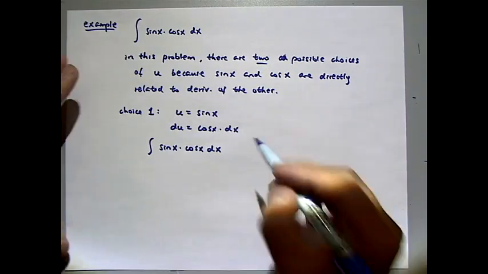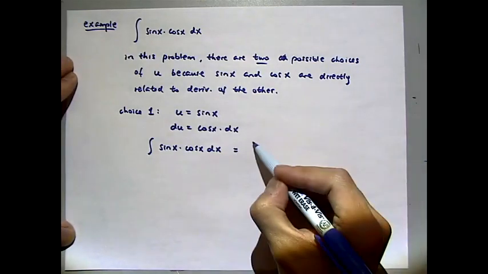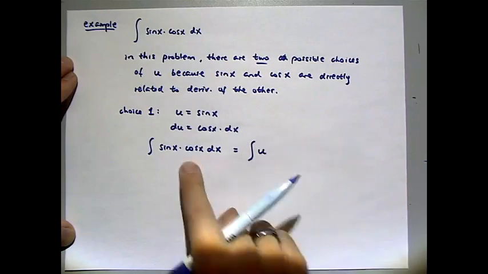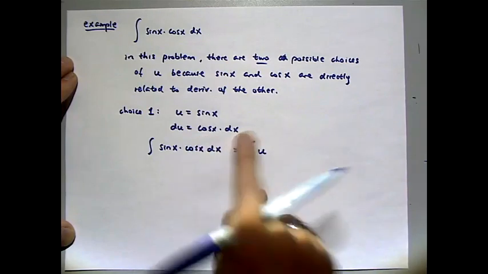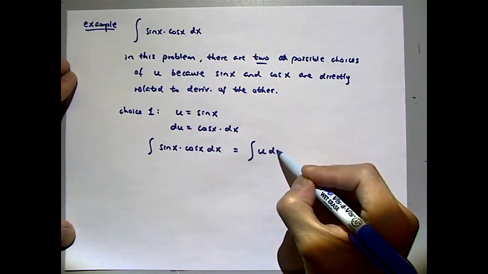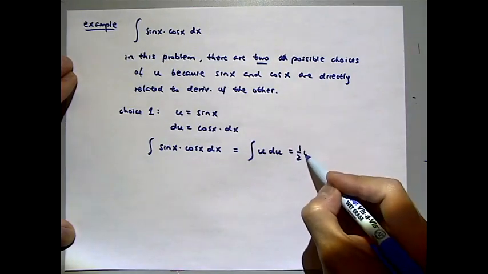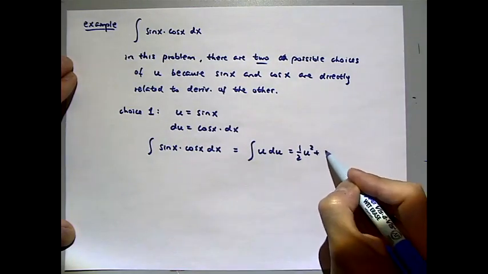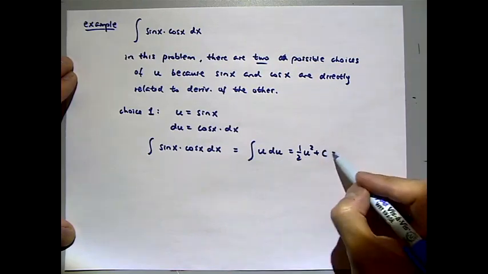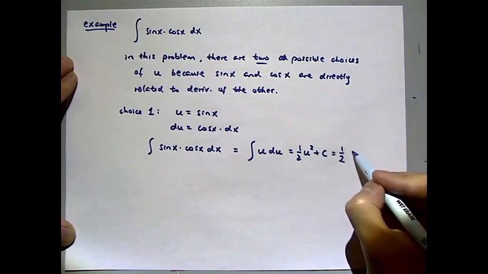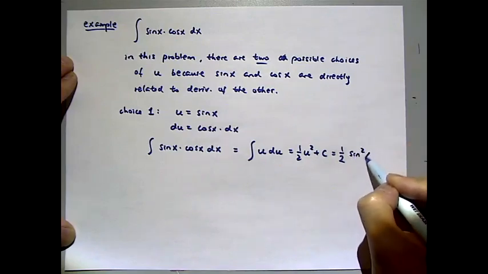Everything is already set. That's u, and cosine dx, that's du, directly substituted out. So that's 1/2 u squared plus c, or 1/2 of sine of x squared plus c.